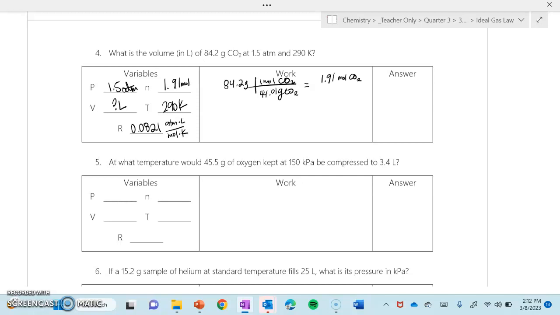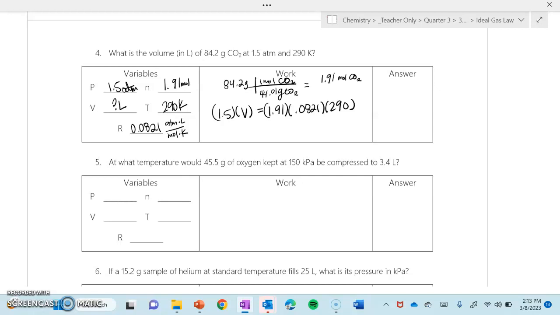So let's plug our values in now. We've got P, we've got V. Actually, we don't have V, but we will leave the letter V there so we can solve for it. N, R, and T. And now we do some math to solve our problem.